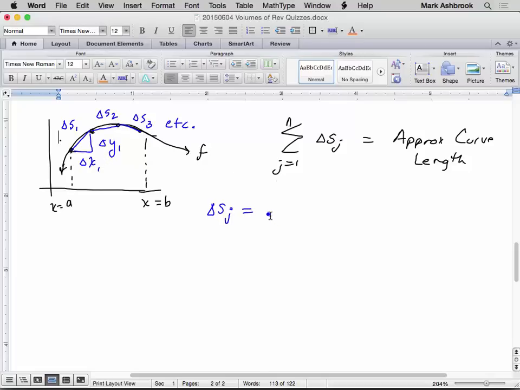Therefore, delta Sj is the square root of that. This should be very understandable. And this is for any segment, the jth segment. j goes from 1 to n, where n is the total number of segments. So j represents any particular one or all of them.